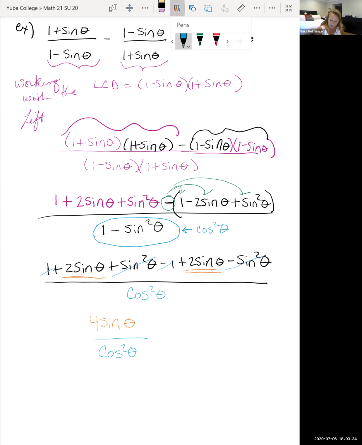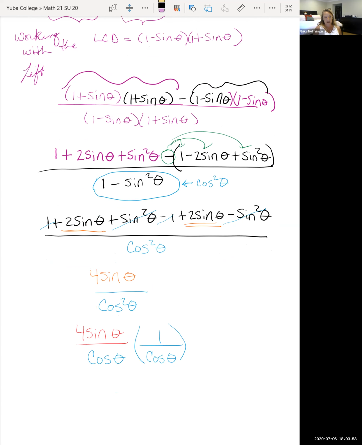So we have 4 sine theta, let's put that over one of the cosine thetas, all times, well, we need a cosine squared theta again, 1 over cosine theta. So that would get us back up above. And now we know sine theta over cosine theta, that's just tangent theta. So we have 4 in front, a tangent theta. And then 1 over cosine theta is secant theta.